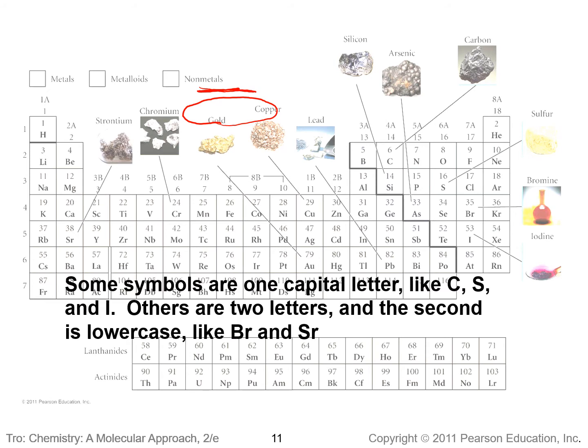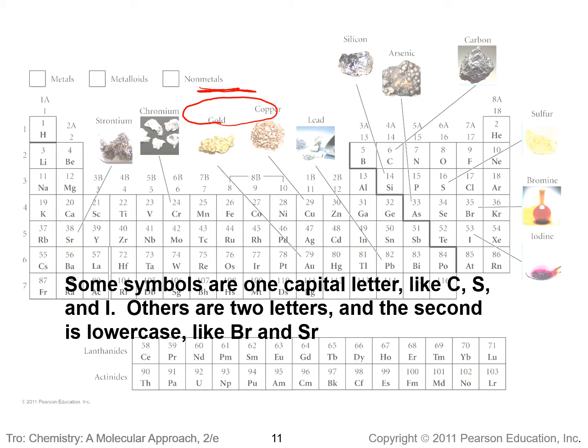Some symbols are 1 capital letter, like carbon or sulfur or iodine. Other elements have two letters, and they are always uppercase for the first, lowercase for the other.